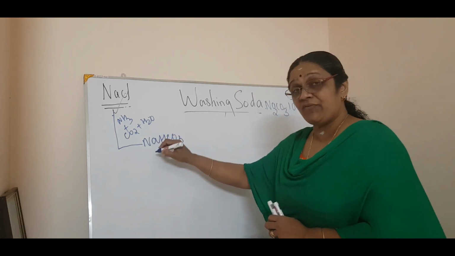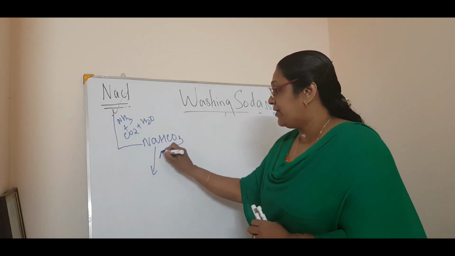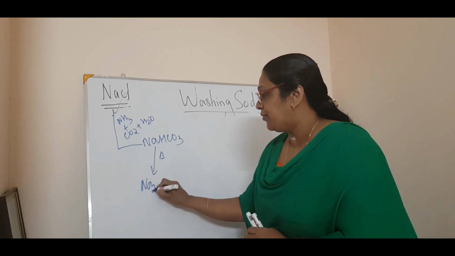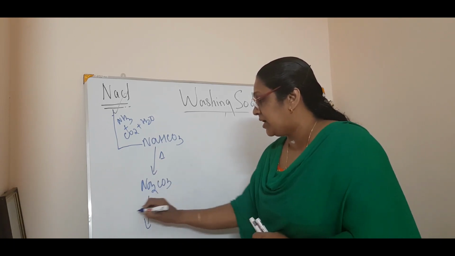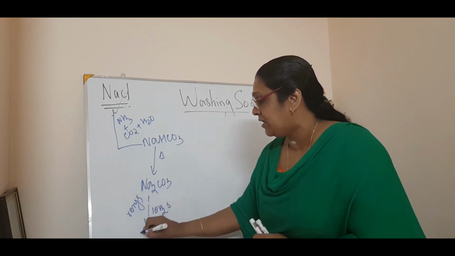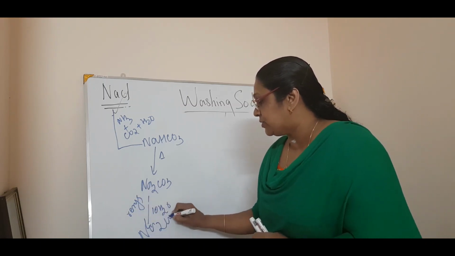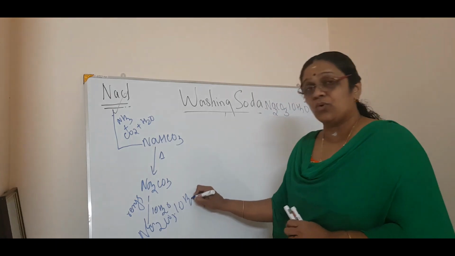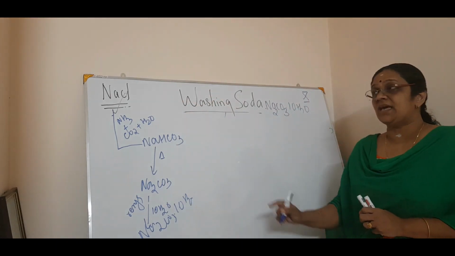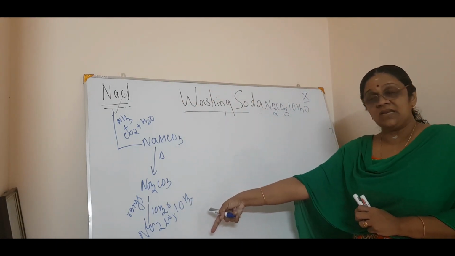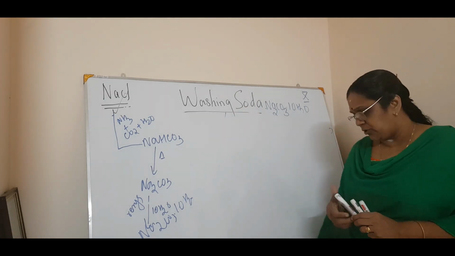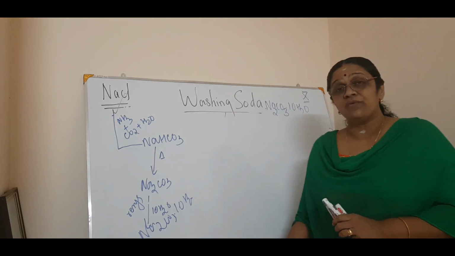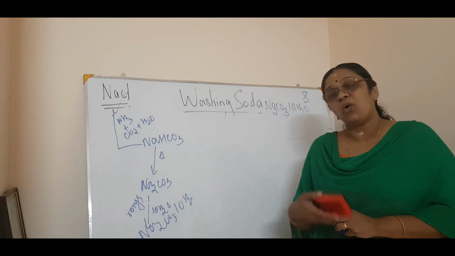Then you can have a flow chart: sodium bicarbonate on heating gives Na2CO3, and with recrystallization you get Na2CO3 dot 10H2O. So starting from NaCl, you have to end with washing soda. Depending on the format of the question, you have to write the answer. That is up to you.